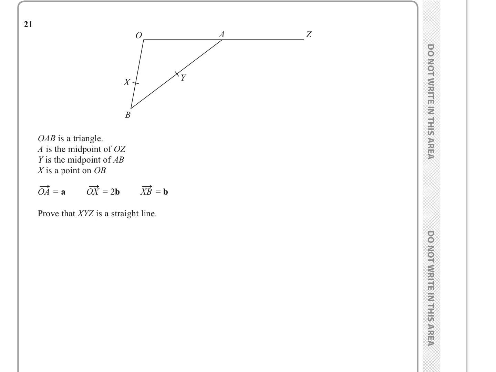Question 21. OAB is a triangle, and it says A is the midpoint of OZ, Y is the midpoint of AB, and X is a point on OB. So let's put in the details here. O to A is A. Then we've got O to X is 2B.